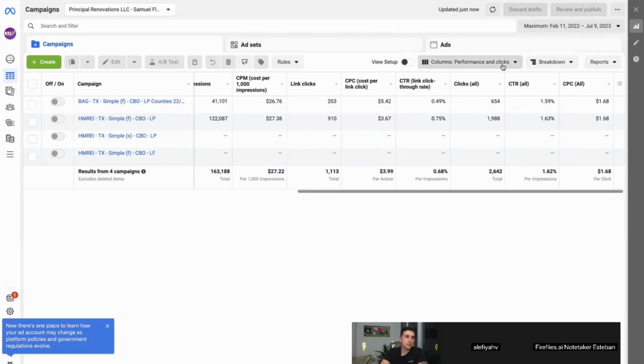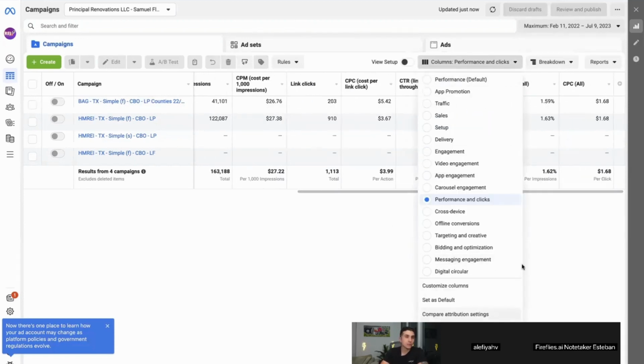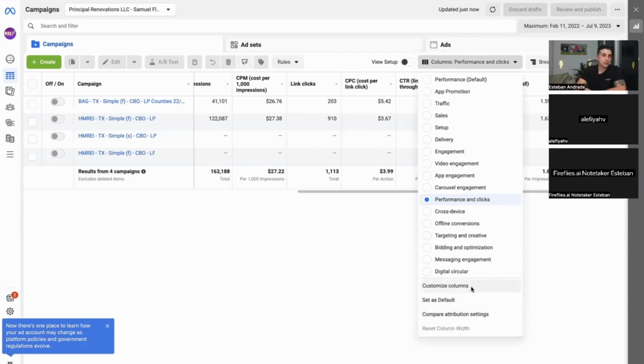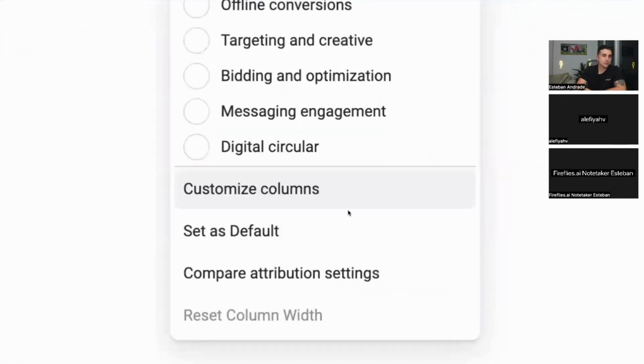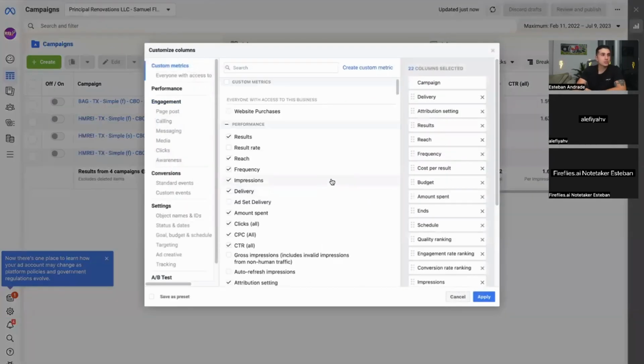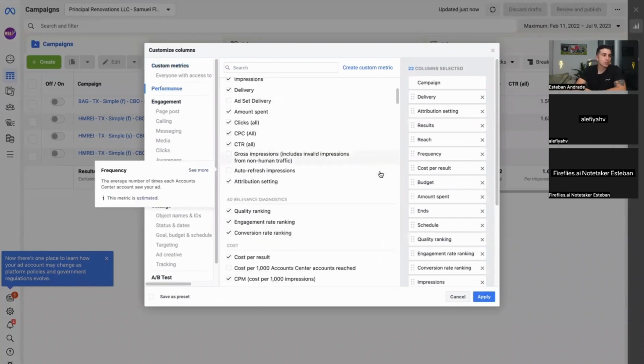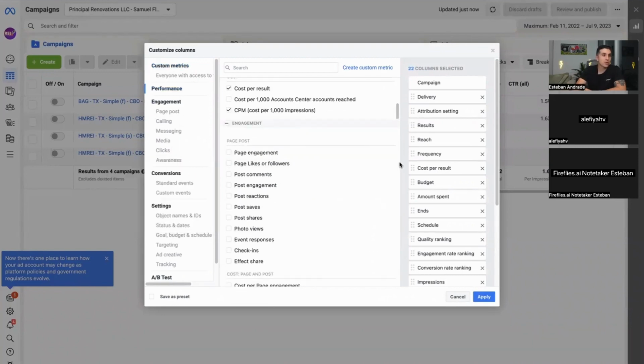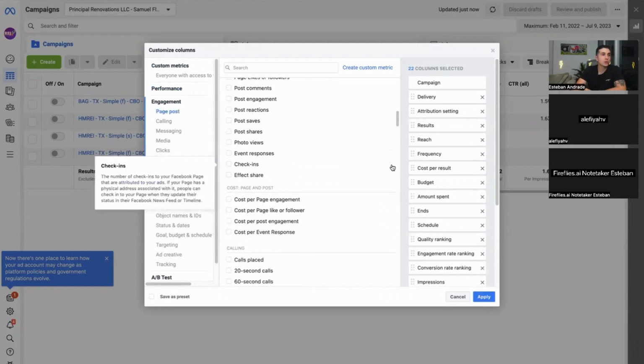One quick tip here is that whatever niche you're running, you can always customize this by going to customize columns, and you can see different things that would be important. For example, in this case, we're running a campaign for lead generation or conversions, so there are a few important things that we may want to look at.